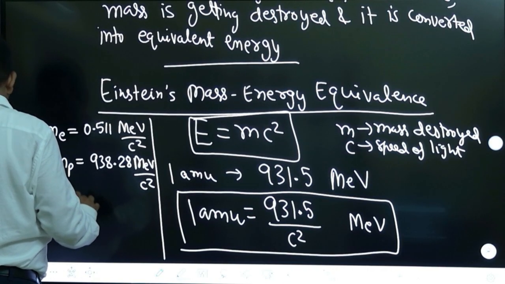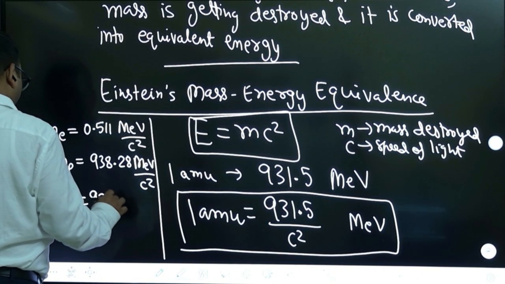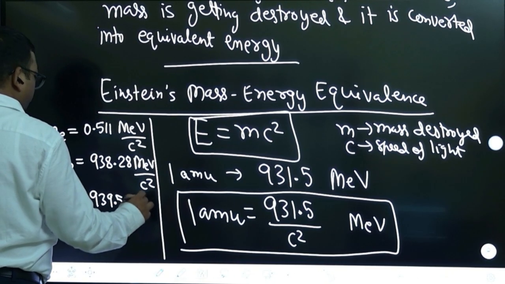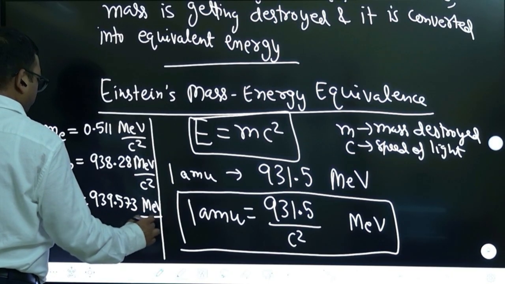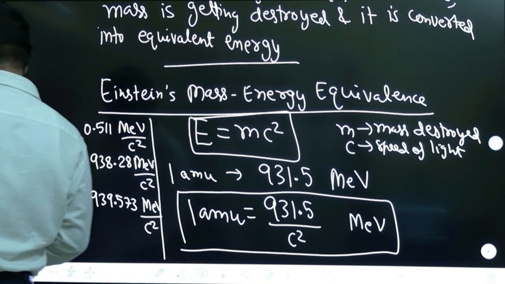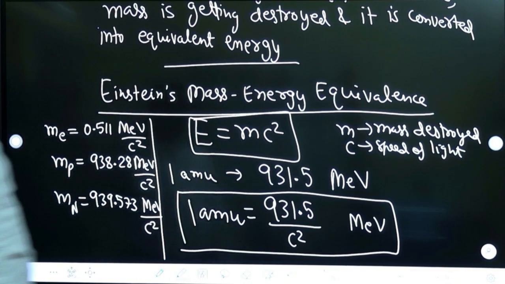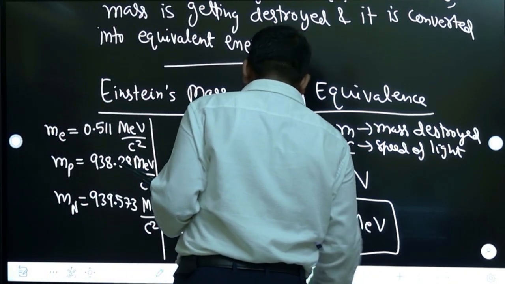The mass of one neutron is 939.573 million electron volt by c square. Okay, we must remember this. Then, what is the concept of binding energy? Let us go into the topic of binding energy.